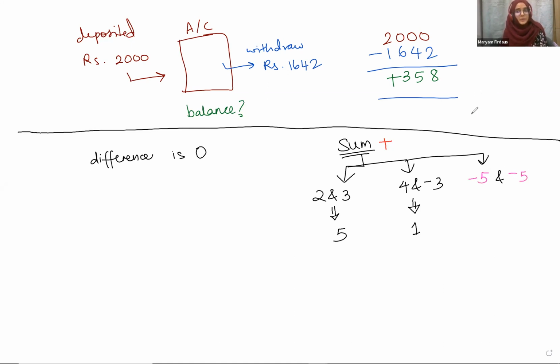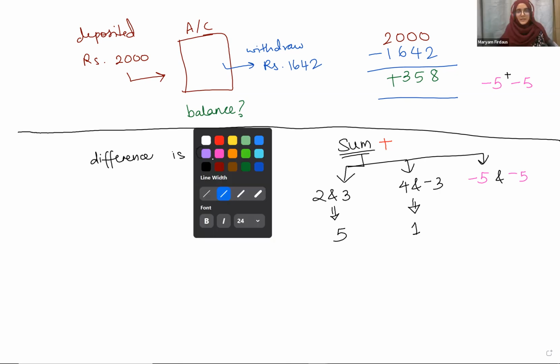So what you have to do is you have to say minus 5, okay, and minus 5. You are adding them. So tell me, what will it become? Minus 10. Yes, very good. Minus 10.